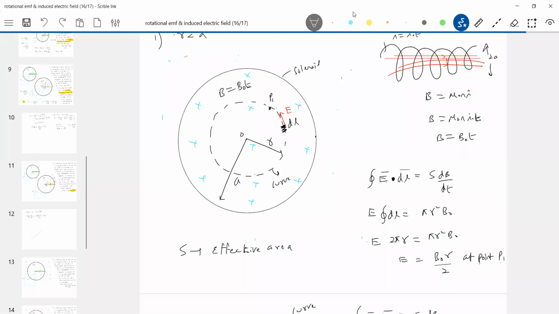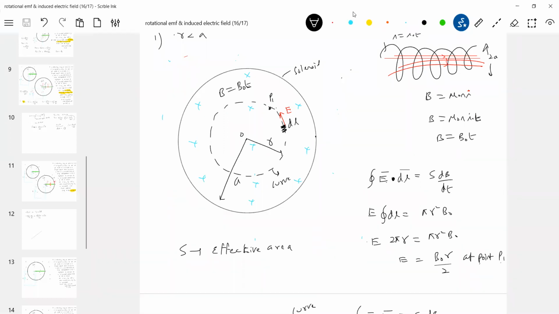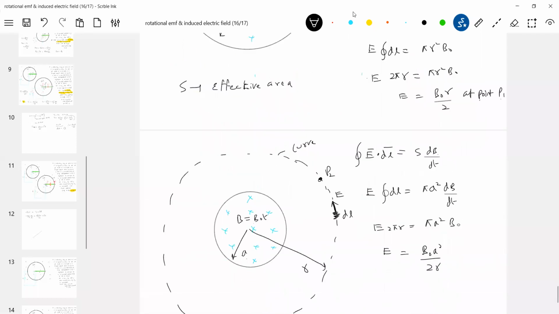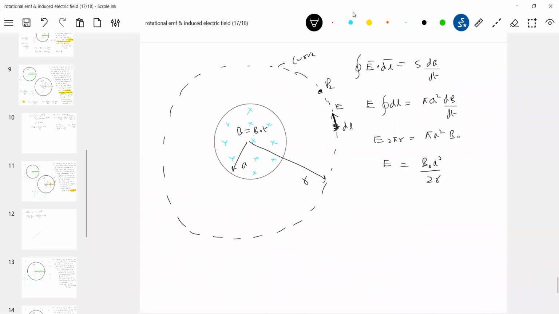No, this is from a solenoid. I haven't brought any structure here now. Inside the solenoid, will there be any induced electric field? Yes. Outside the solenoid, will there be induced electric field? Yes. So when you have a current carrying solenoid, what about B bar at points 1, 2, and 3?